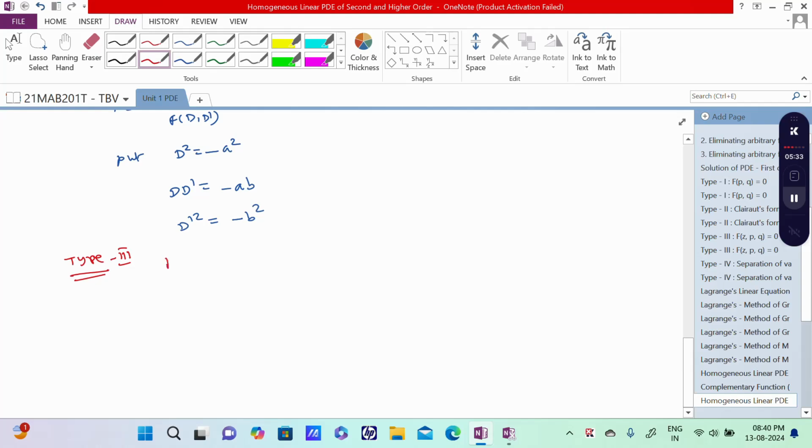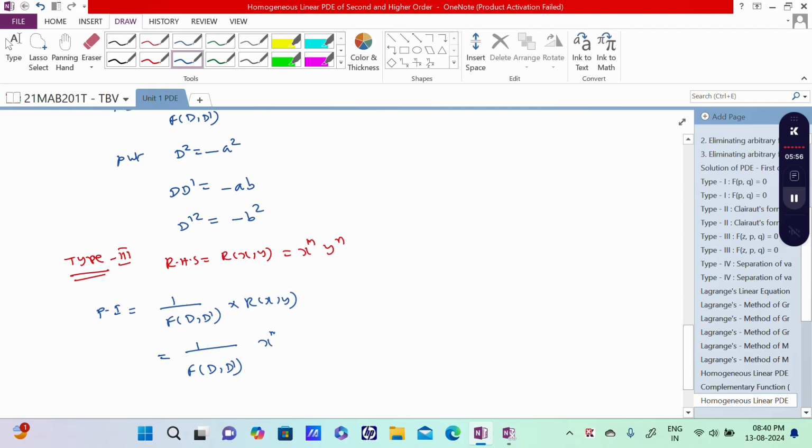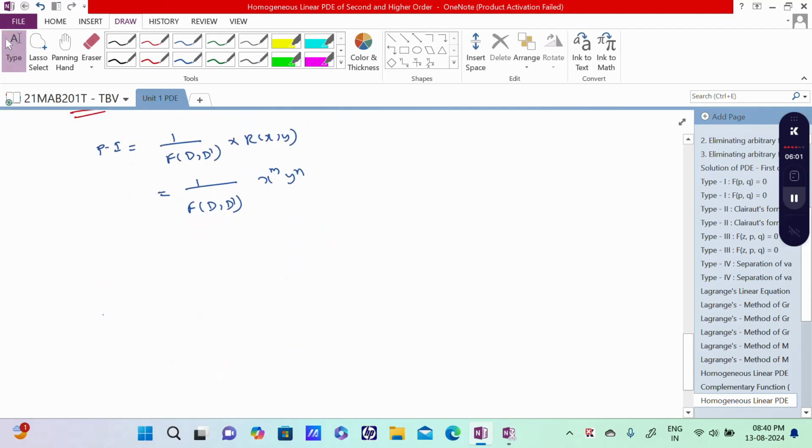Then type 3. Type 3, the right hand side value R of x comma y is x power m y power n. Now the particular integral is 1 divided by the function of D comma D dash into R of x comma y, which is nothing but 1 over f of D comma D dash times x power m y power n. For this condition, when m is greater than n, take D common out.